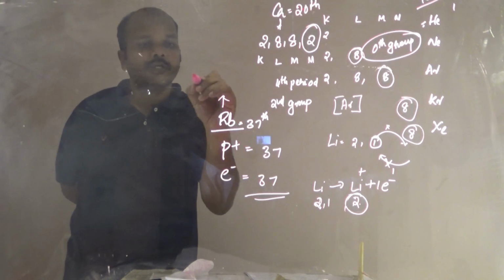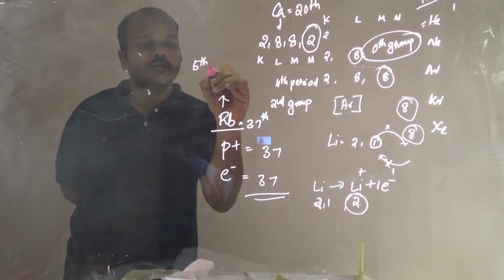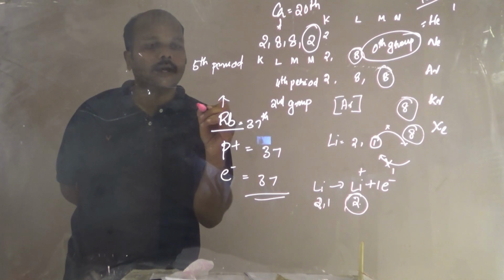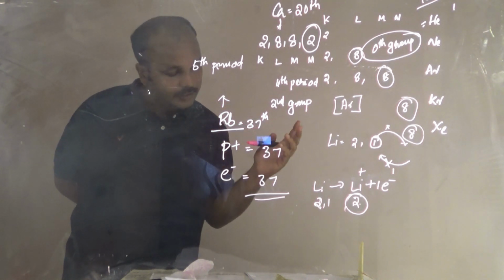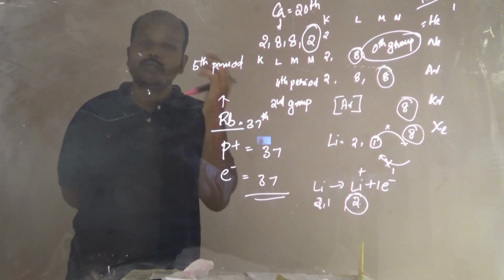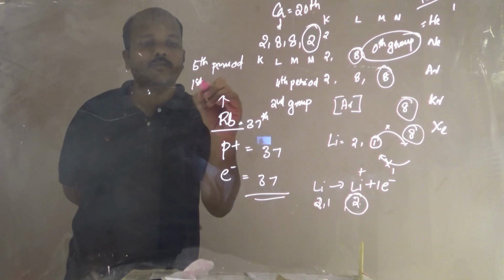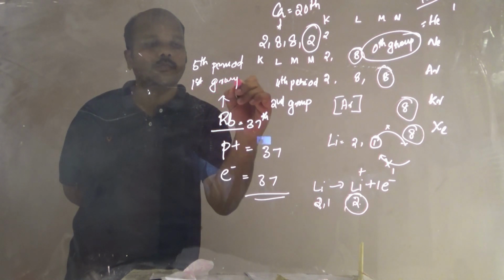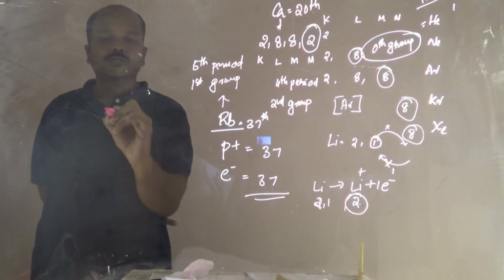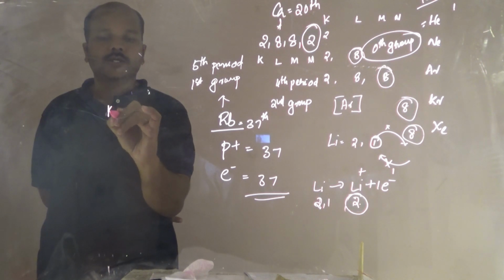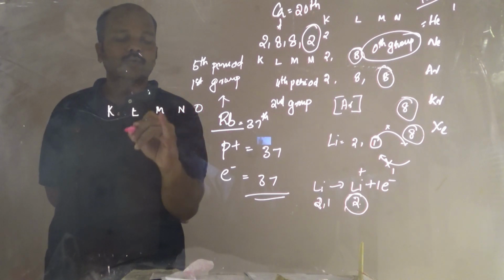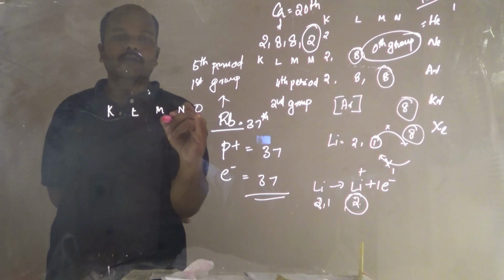Rubidium is in the 5th period, and it is in the 1st group, like lithium, sodium, potassium, rubidium. Since it is in the 5th period, we can write the number of shells: K, L, M, N, O. That is 1, 2, 3, 4, 5.